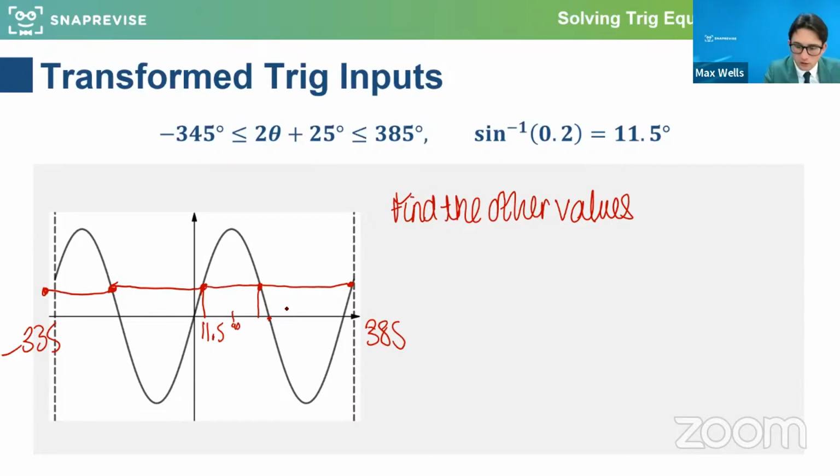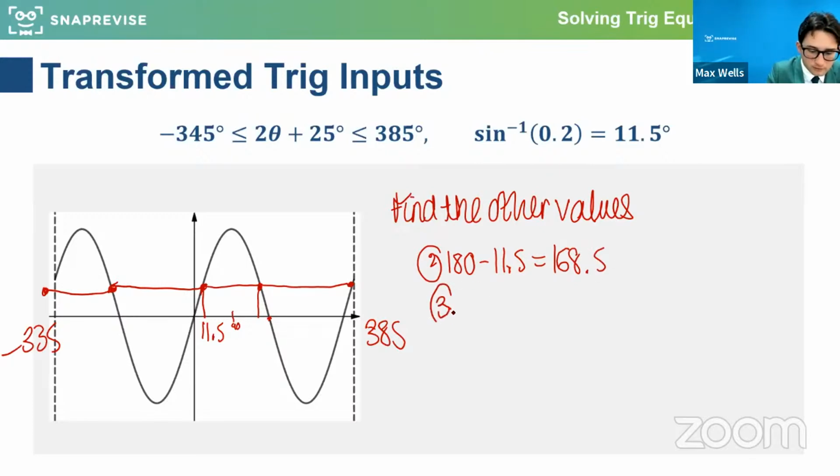Really good question. Right. So hopefully we're happy that you can go, okay, so the other value is going to be 180 minus 11.5. Then the next one is going to be 360 plus 11.5, which is still in range.